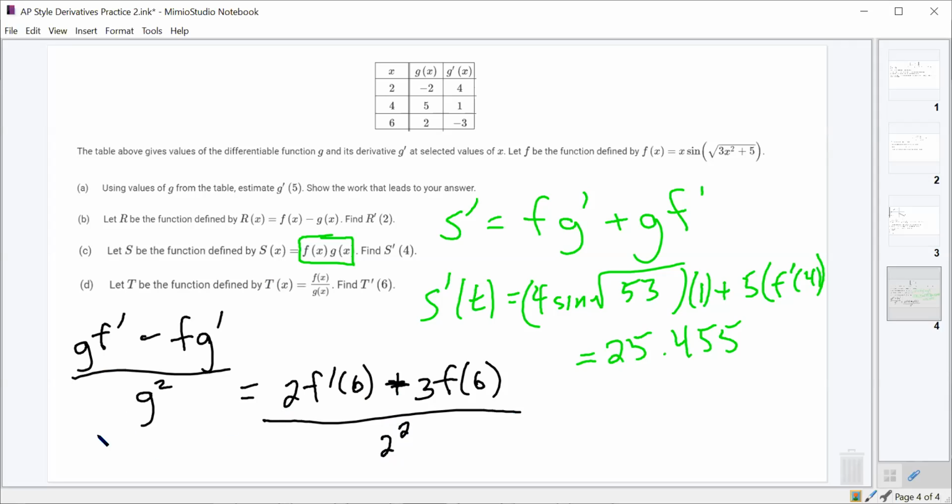Yep. And what'd you guys get for that? I'm not going to go back to the calculator and plug it all in, but what'd you guys get? Like the final number? Yeah. Negative 6.755. How many of you agree with that? Does that sound good to other people?